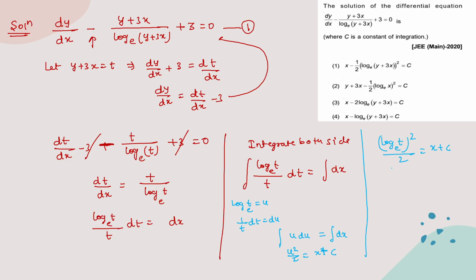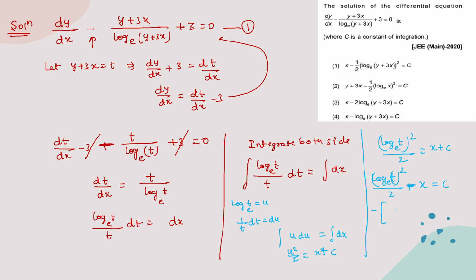C on the left side. I think it will directly work here, right? Log of t base e whole square by 2 minus x is equal to c, and yeah, minus c will become c again if you take the negative sign common.